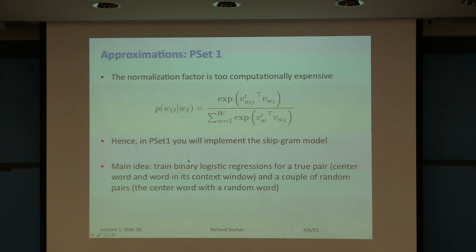So you will instead implement the skipgram model with what we'll call negative sampling. The main idea here is, instead of trying to predict the outside word as the probability over all possible words, we'll just train a binary logistic regression for a true pair, a center word and a word that really appears in its context, and a couple of random pairs. So the center word with a couple of random words.